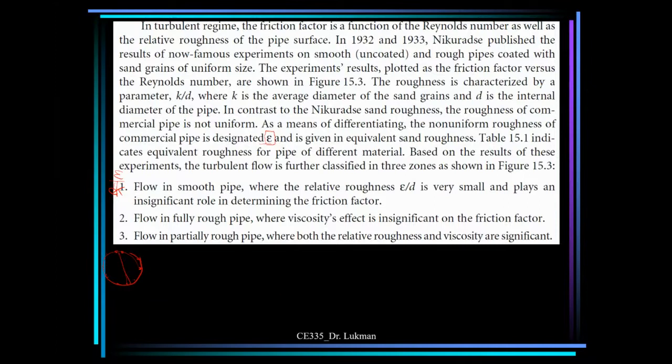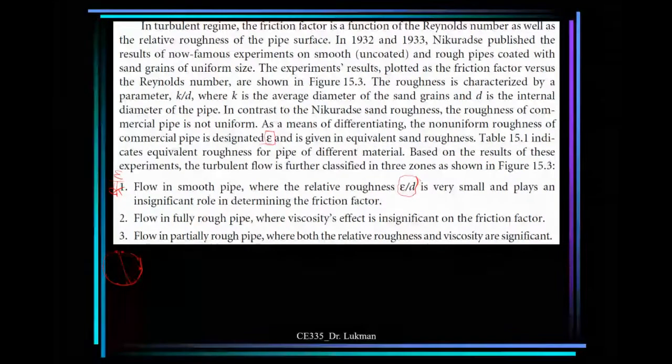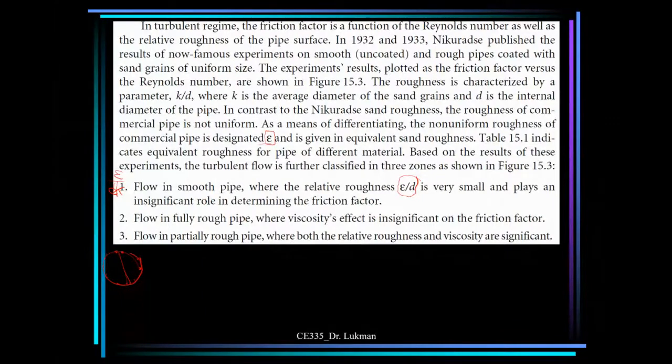Based on the results of this experiment, turbulent flow is further classified into 3 zones, as shown in figure 15.3. You have flow in smooth pipe, where the relative roughness, epsilon over D, is very small and plays an insignificant role in determining the friction factor.